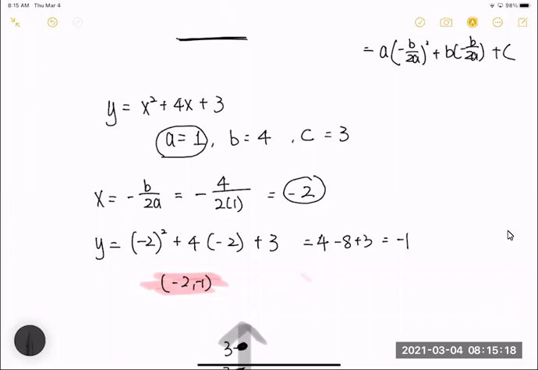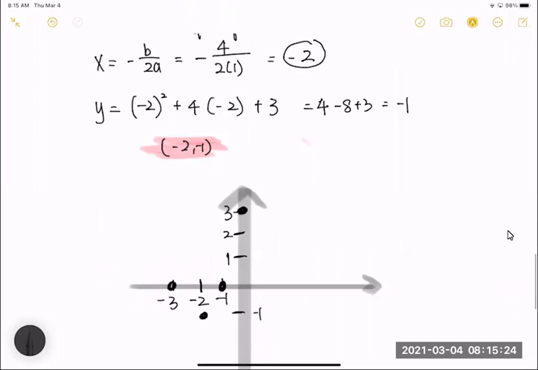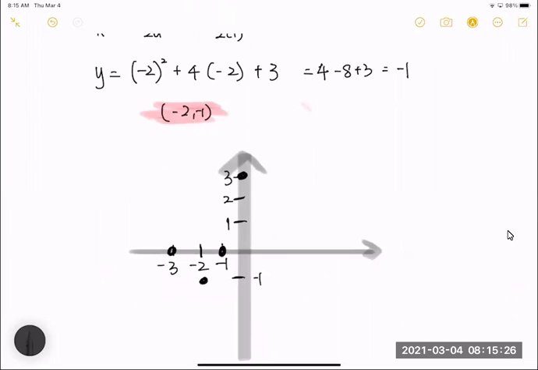So from here, we know that the function is going to open up. Okay, so now we connect all the points together. So this is our quadratic graph of the function y equals x squared plus 4x plus 3.